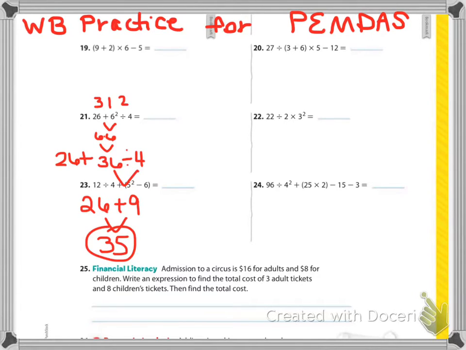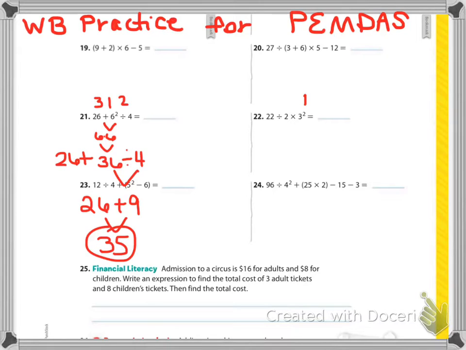And this is how you should be showing me your steps and your work when you're solving these on your quizzes, tests, and homework as well. Okay, so one of the strategies was to look at the problem and decide what needed to be done first. Like in 22, you would do the exponents first because I don't see any parentheses.